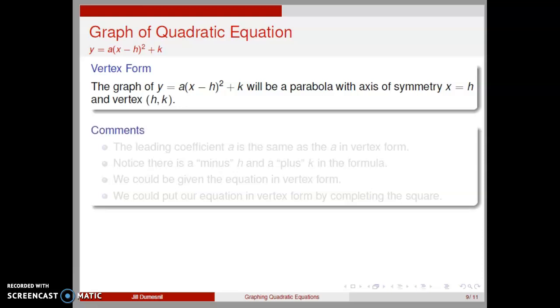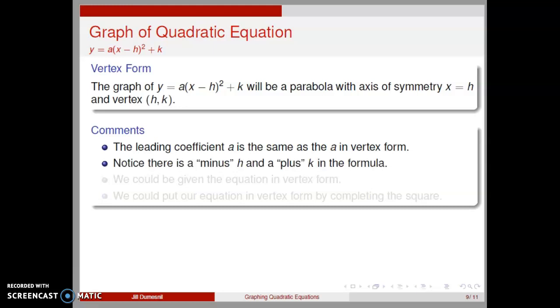Looking at this new formula, it's helpful to make a few comments. First, the leading coefficient a is the same a value appearing in both forms of the quadratic equation. Next, notice that the vertex form has a minus h and a plus k.